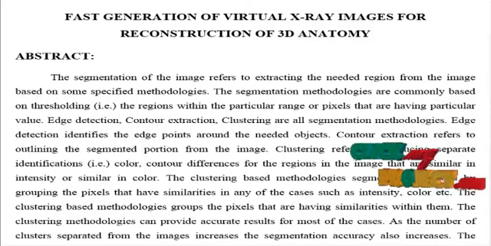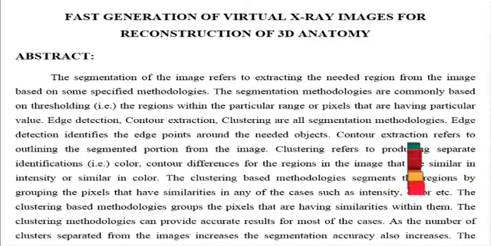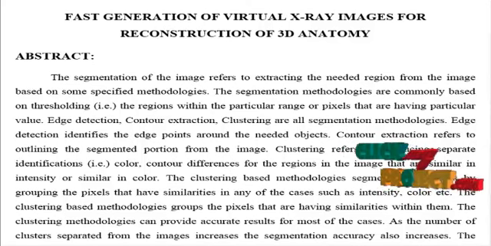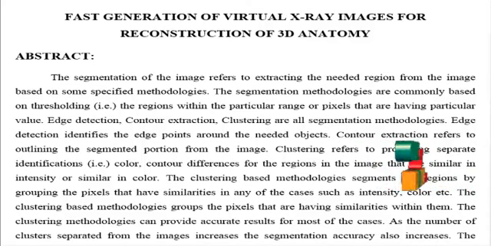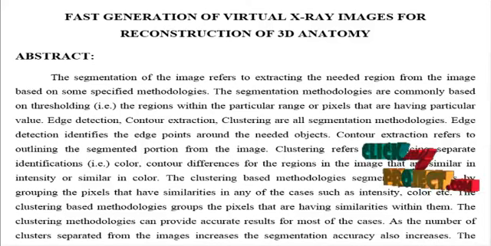Clustering refers to the production of separate identifications, that is, color and contour differences, for the regions in the image that are similar in intensity or similar in color.